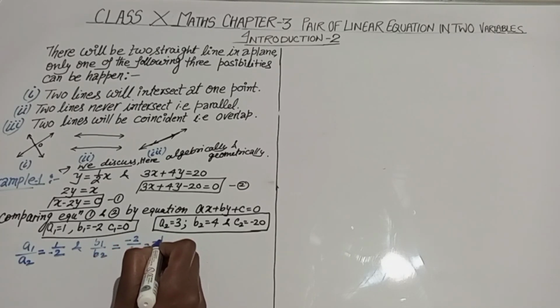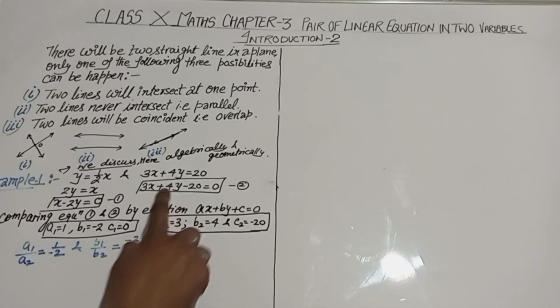So a1 upon a2 is equal to 1 by 3, and b1 upon b2 is equal to -2 upon 4, which is equal to -1 by 2.